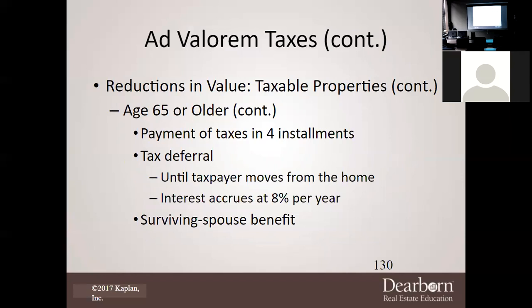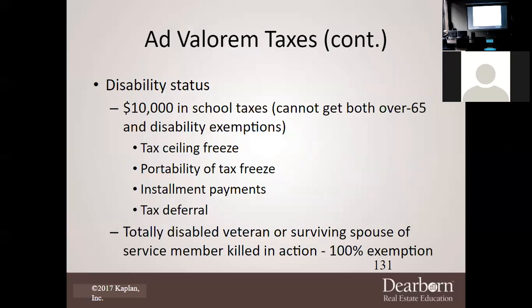There is what's called the tax deferral. It's until the taxpayer moves from the home. The interest that accrues is 8% per year, and the surviving spouse does get to benefit from this homestead exemption and this age 65 or older clause. Okay. If you're disabled, there's $10,000 off school taxes.